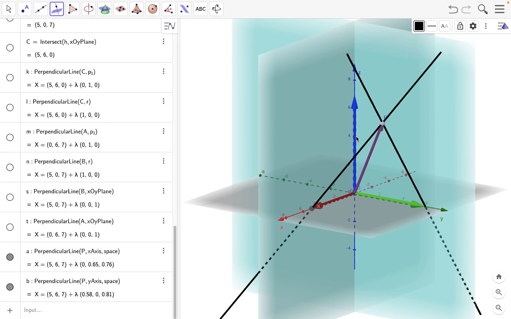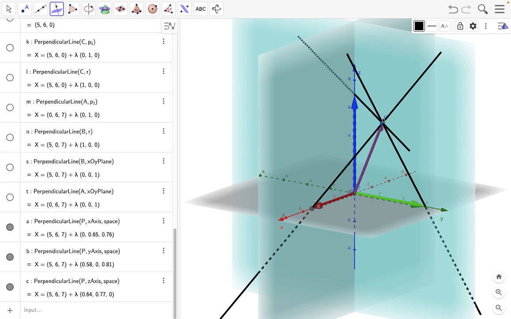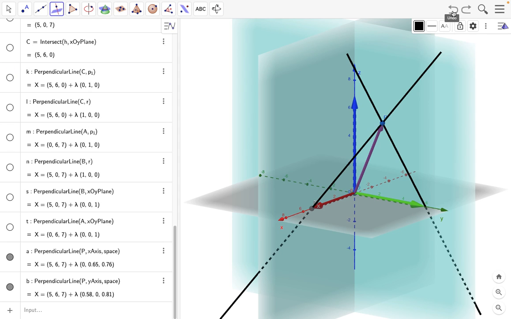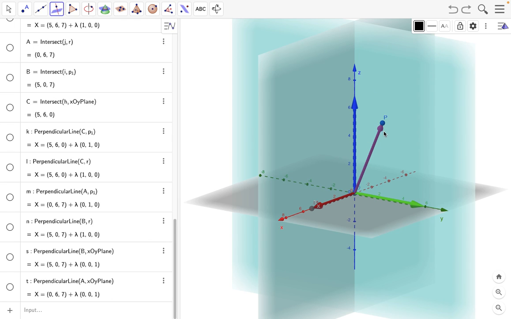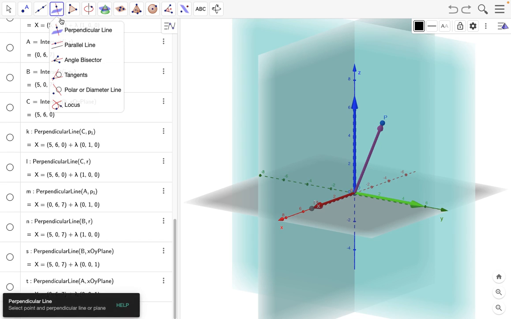Even if I select here, it will pass through that point because that is the component. So, you can again verify. Okay. So, you see how we have got it. Basically from this point I will draw perpendicular lines.